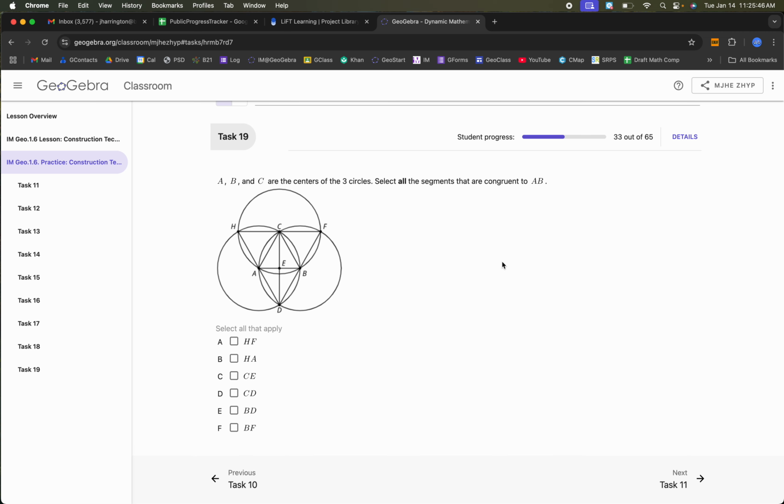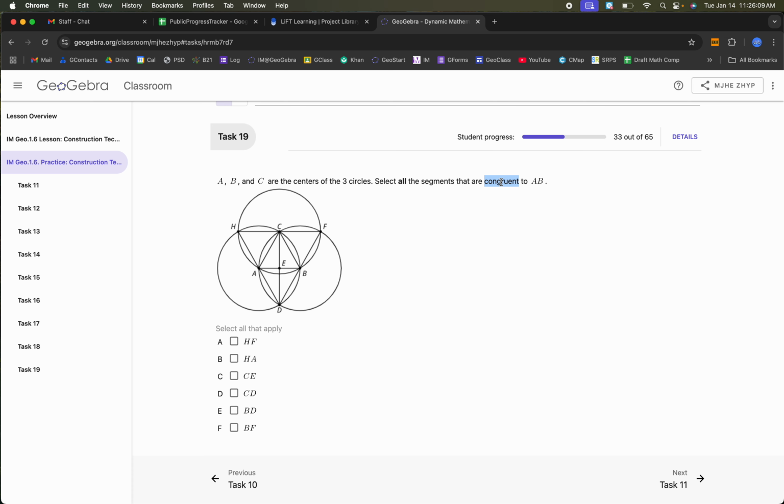Task 19. A, B, and C are the centers of three circles. A is the center of this circle, B is the center of this circle, and C is the center of this circle. Select all segments that are congruent to AB. Now, congruent, as we remember, means same size, same shape.